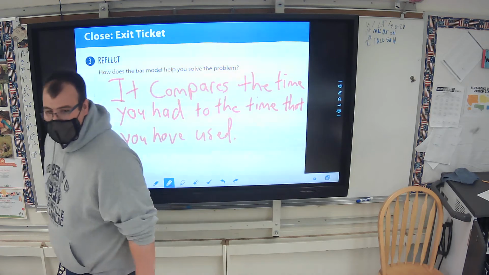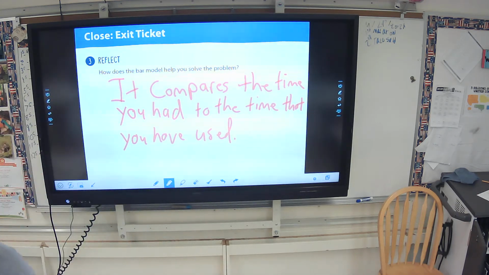Does that make sense? And then we can see how much time we have left, right? If I compare how much time I have to get something done to the amount of time I've used so far, that little gap is going to tell us how much we have left, right? That's how the bar model works.